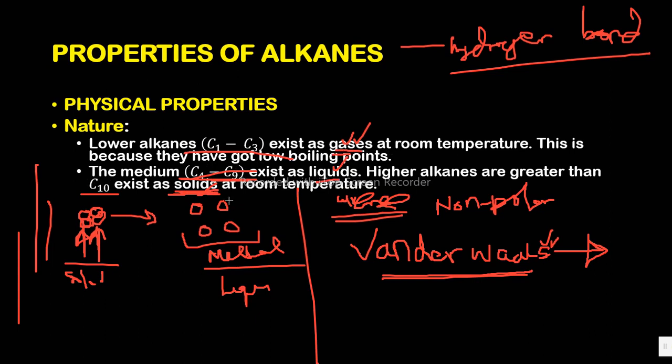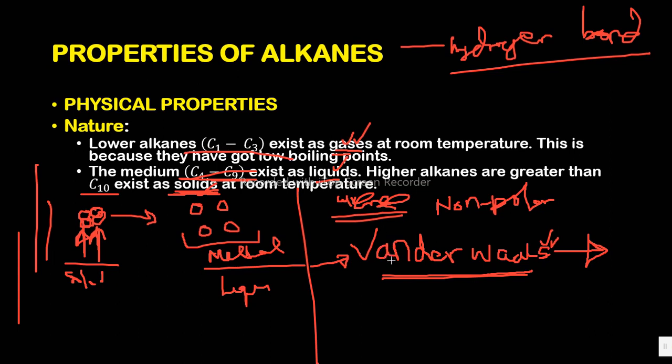What does that show you about these van der Waals forces of attraction? It shows that as you increase the carbon chain, the magnitude, the strength of these van der Waals forces of attraction increases.